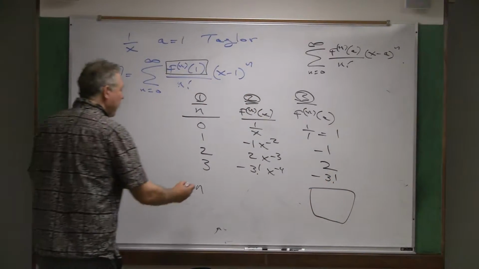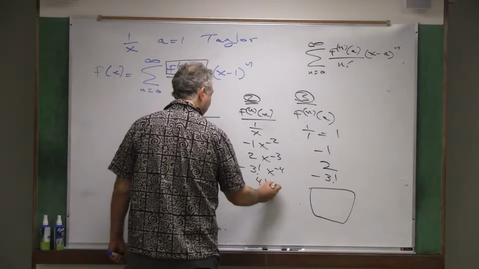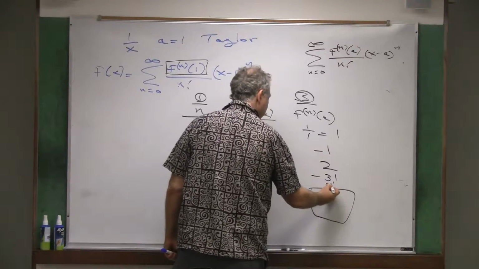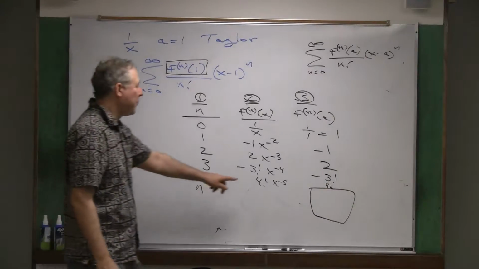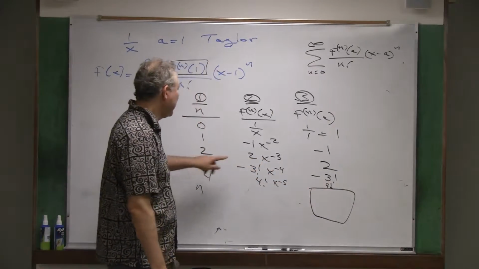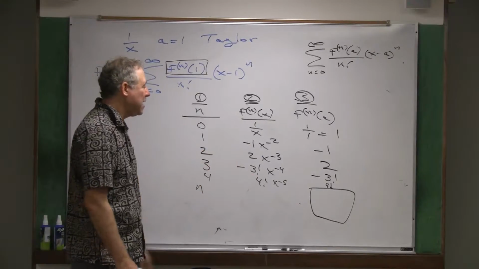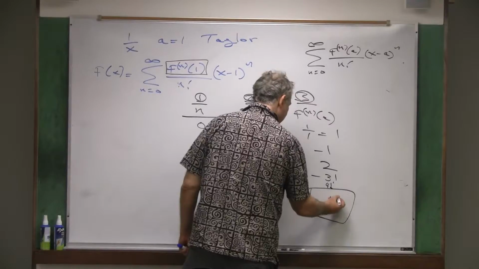Let's do one more. For 4, it's positive 4 factorial x to the minus 5, so 4 factorial. When it's 4, it's a 4 factorial; when it's 3, it's a 3 factorial. So when it's n, it's n factorial.